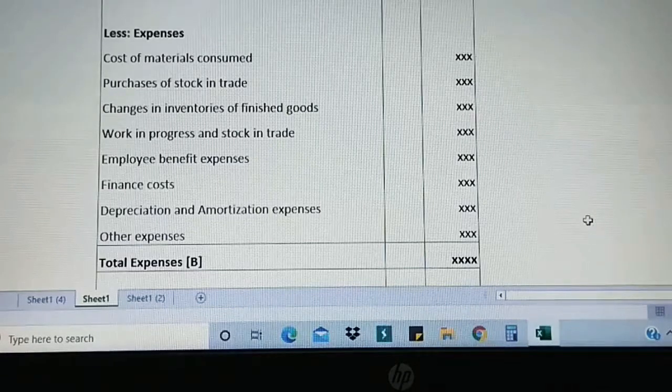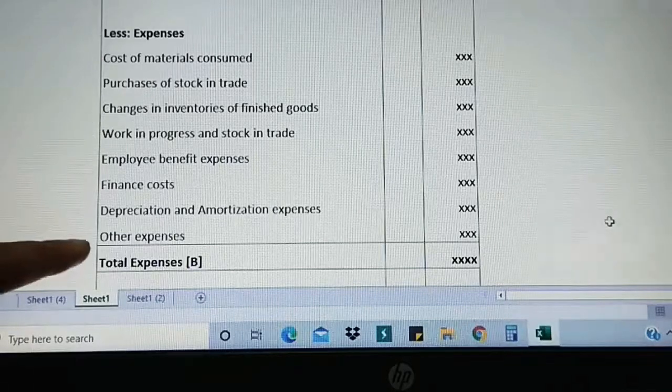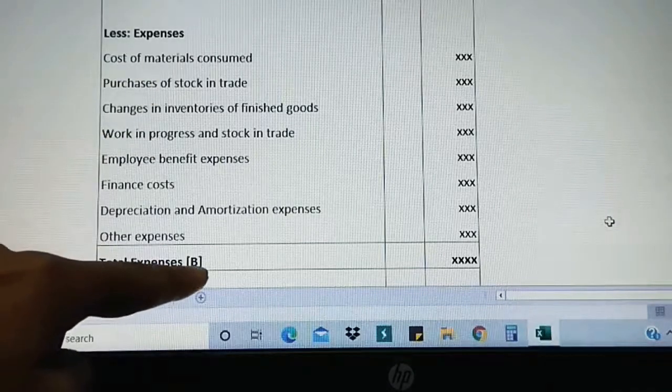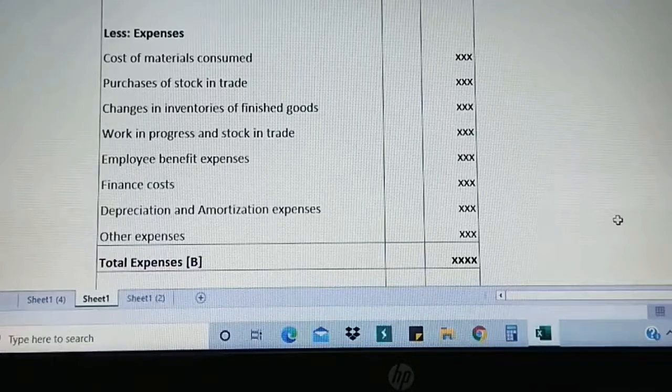If the same value is decreased on intangibles like goodwill, patents, copyrights, that is called amortization. So these expenses are to be considered. Then other expenses: apart from your business, any other small expenses are treated as sundry or miscellaneous. You take all of those under the expenses, and the total expenses you mention as B. This is the second step.